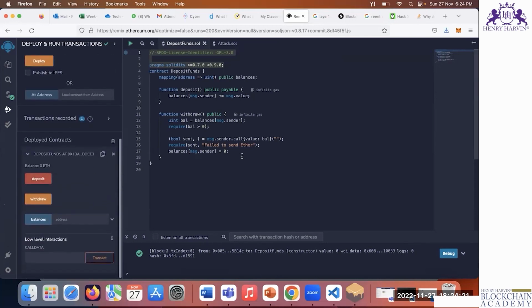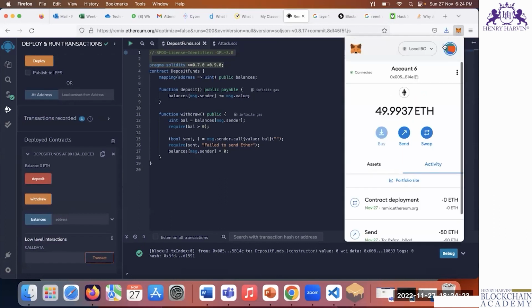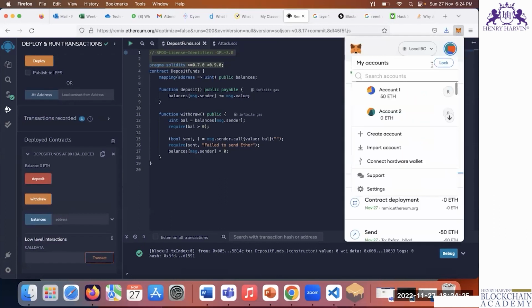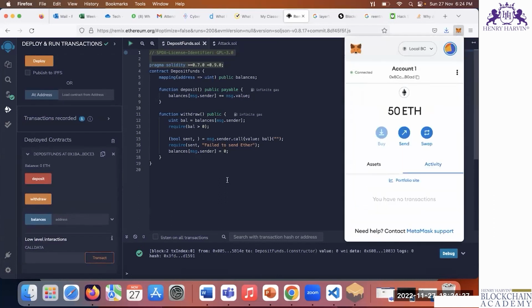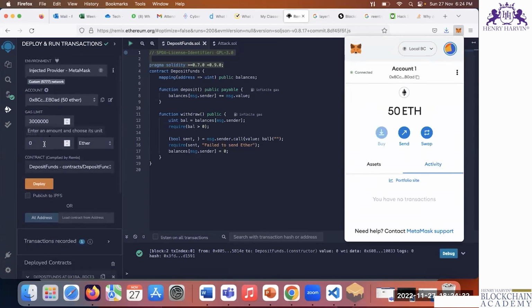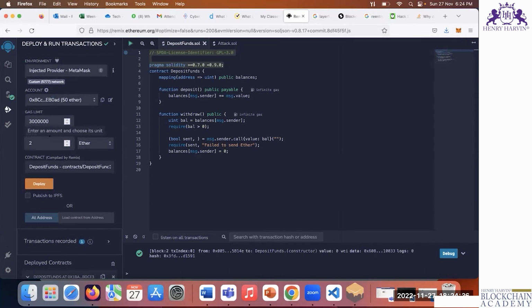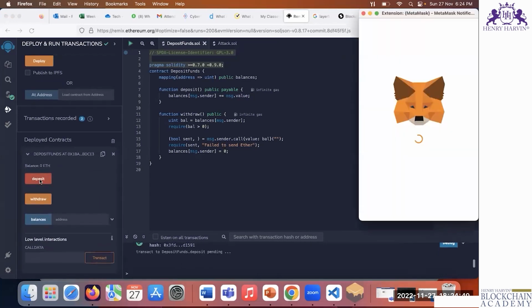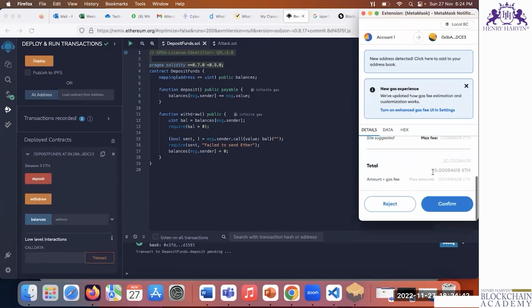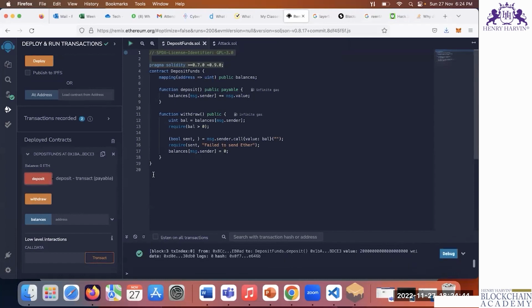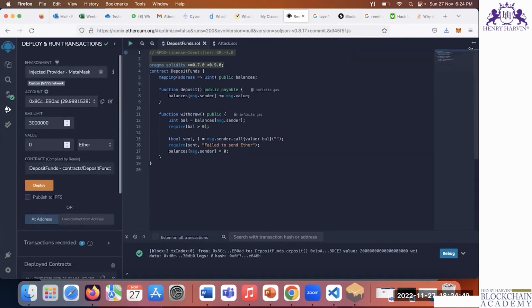Currently this account has no balance, and some other persons have balance. One person is depositing 20 Ethereum, so the smart contract balance is now 20 Ethereum.